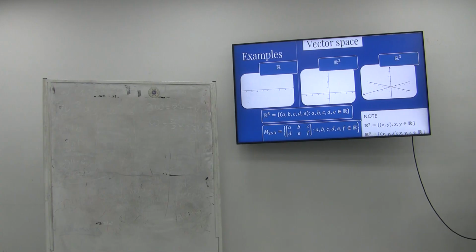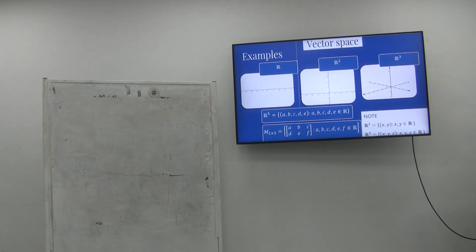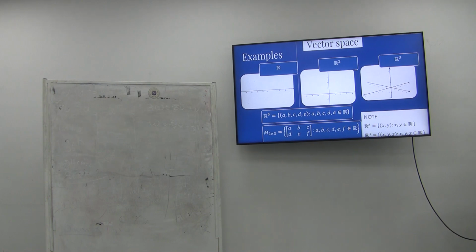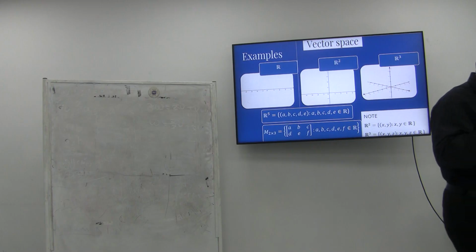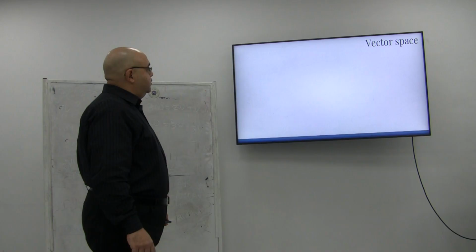So the origin exists. How to add 2 by 3 matrices to each other? The corresponding elements will be added to each other, and the result will be 2 by 3. If I have a 2 by 3 matrix and multiply it by a number, the result will be a 2 by 3 matrix. So all the conditions already exist in matrices 2 by 3. Similarly for 3 by 3, 4 by 4, 5 by 5, 5 by 6, and so on, as long as all the conditions hold. So all of these are vector spaces.